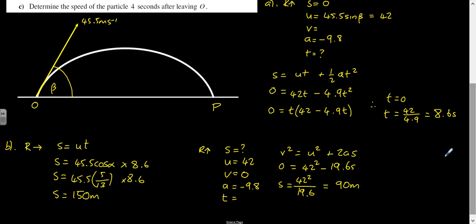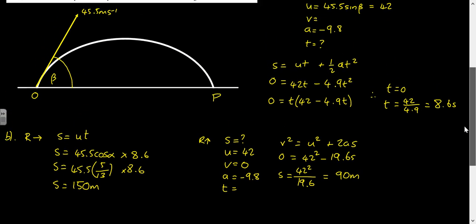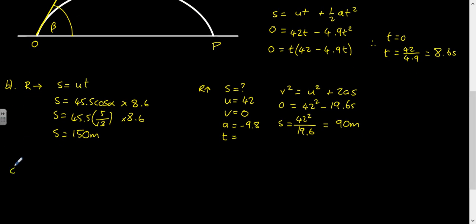And then we get into something a little bit more interesting. We get this. Find the speed of the particle 4 seconds after leaving O. Right, so this is where we've got to think about the speed.